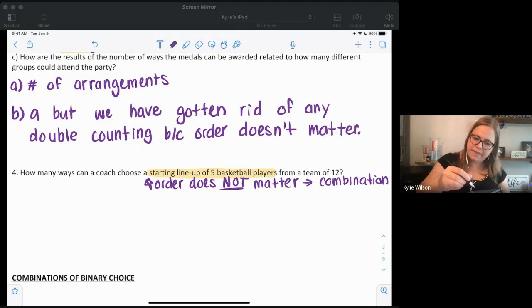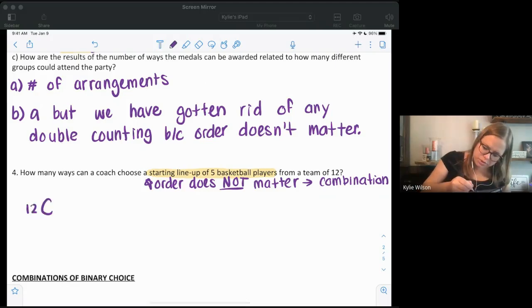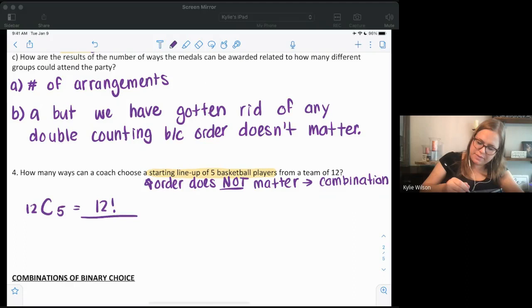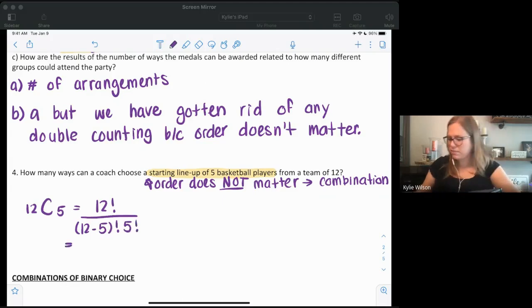So there are 12 people. The coach wants to choose 5 of them. So we do 12 choose 5. So we'll have 12 factorial all over 12 minus 5 factorial multiplied by 5 factorial. Quickly do that on my calculator. I'm going to do it the long way.